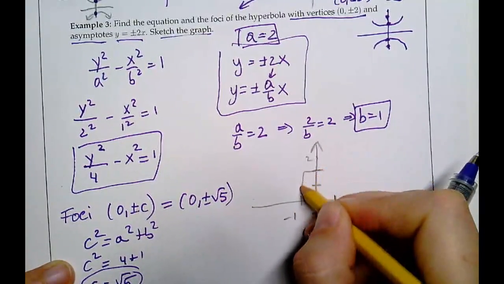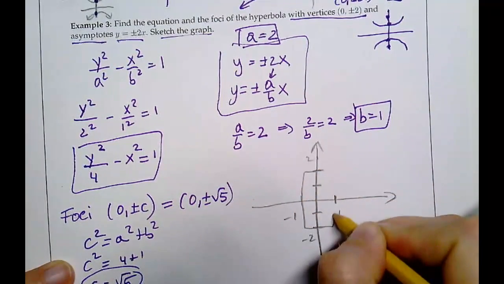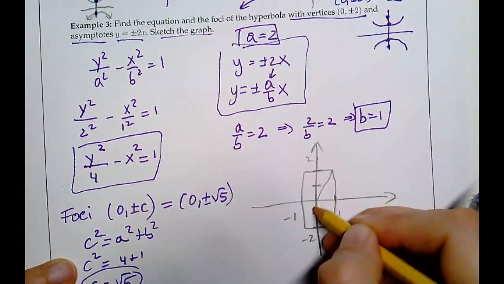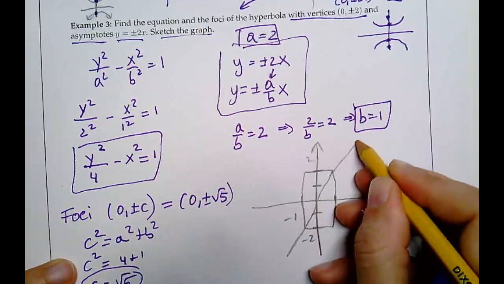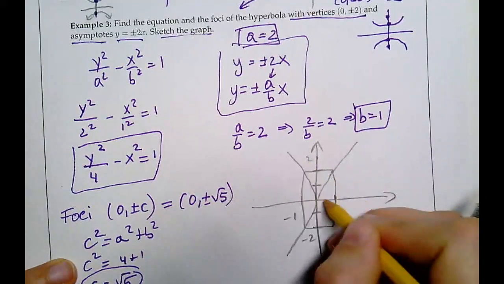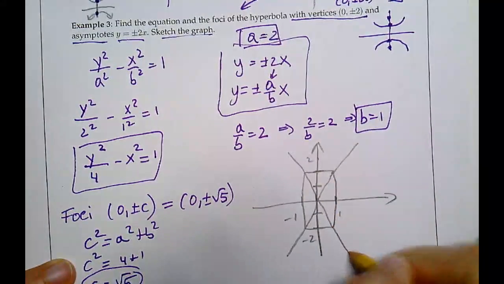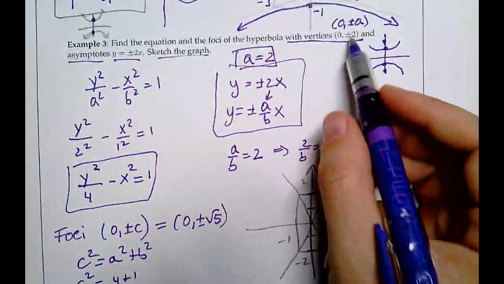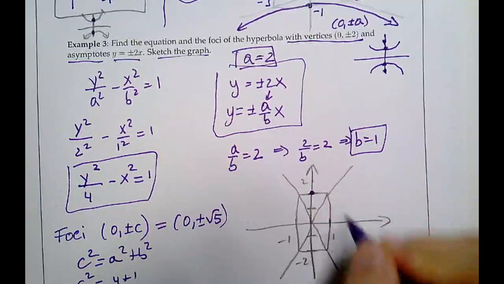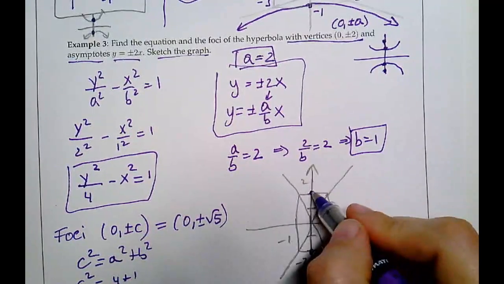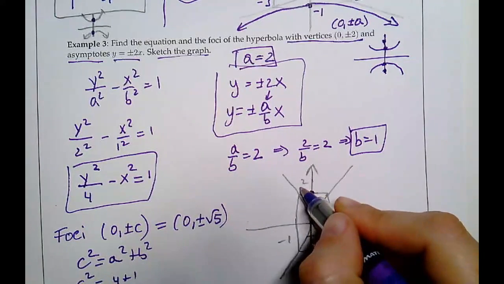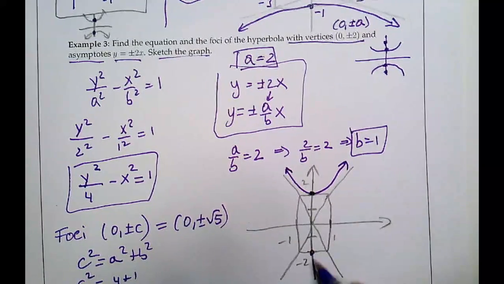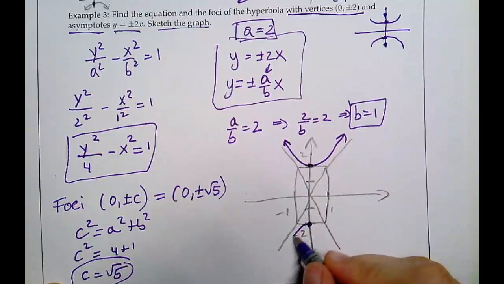I'm going to draw the central box, and then I'm going to draw the asymptotes, which are the diagonals extended. And then I'm going to plot the vertices. The vertices happen at 0 plus or minus 2, so here and there. And then starting on the vertex, I'm going to draw one branch of it hugging the asymptote, and then the other branch of it below.